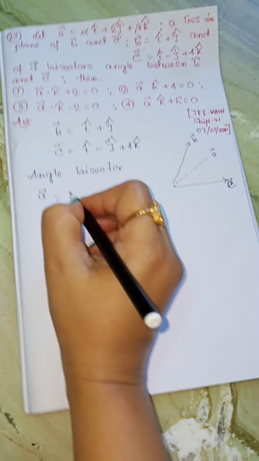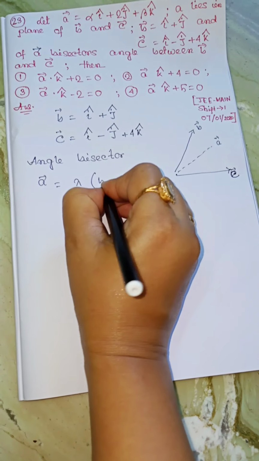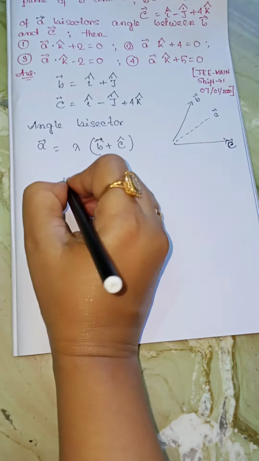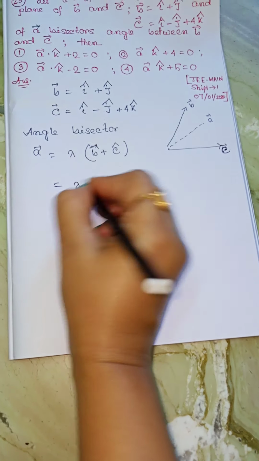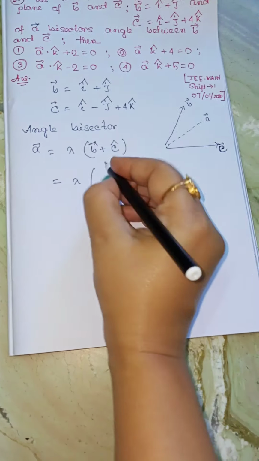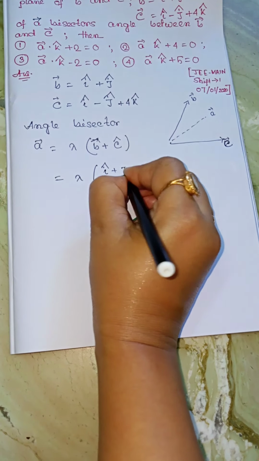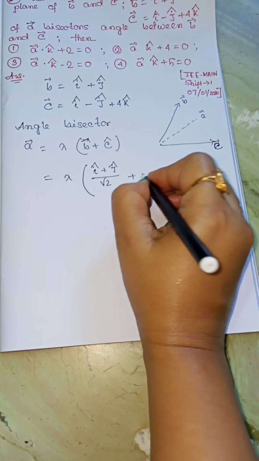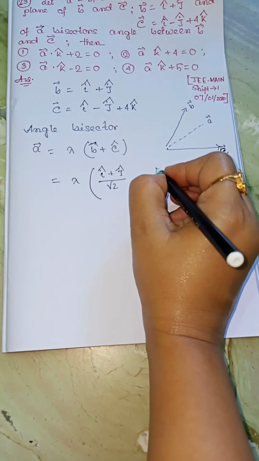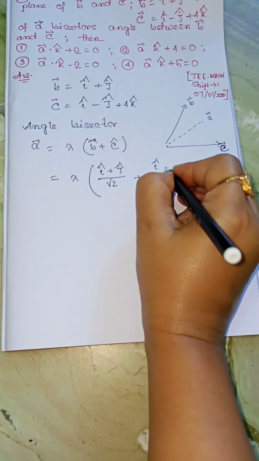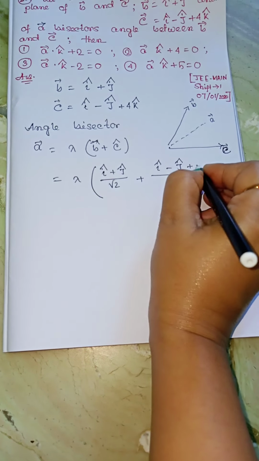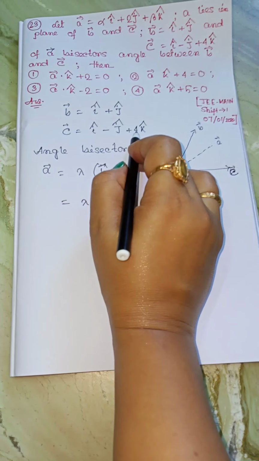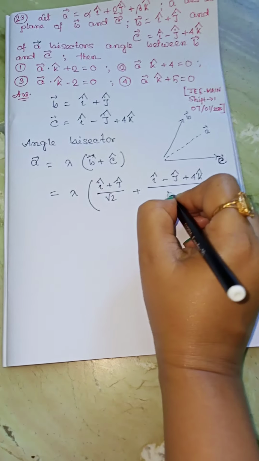A is equal to, we know, lambda times (B cap plus C cap), that is equal to lambda times (i cap plus j cap divided by root 2, plus i cap minus j cap plus 4k cap divided by root of 1 squared plus 1 squared plus 4 squared, that is 1 plus 1 plus 16), that is root over 18.